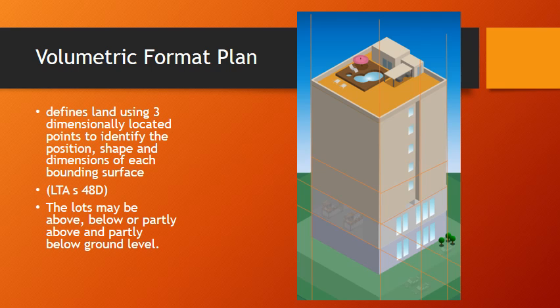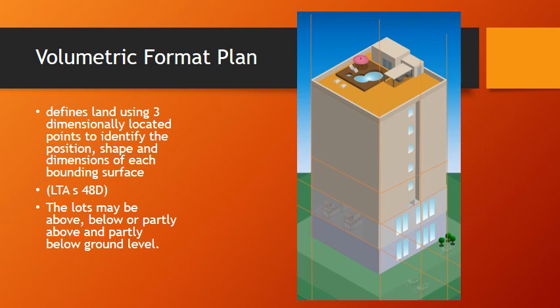And also you're dealing with the concept of airspace and also land beneath the soil beneath the land. So you need to be able to draw things isometrically or via what they call three-dimensionally located points. So you might have 1, 2, 3 as your points, and be able to section off or identify individual lots.